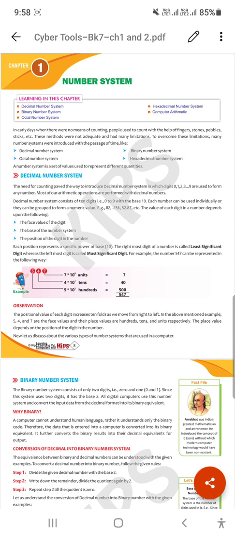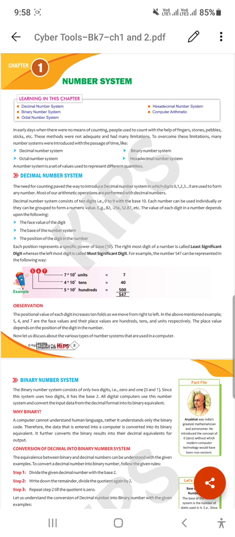Students, mathematical functions like addition, subtraction, division and multiplication can be performed in decimal numbers. The same functions we can also perform in all number systems like octal, binary, hexadecimal. These are called computer arithmetic, right?